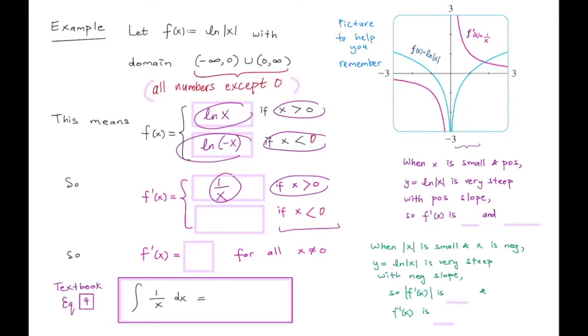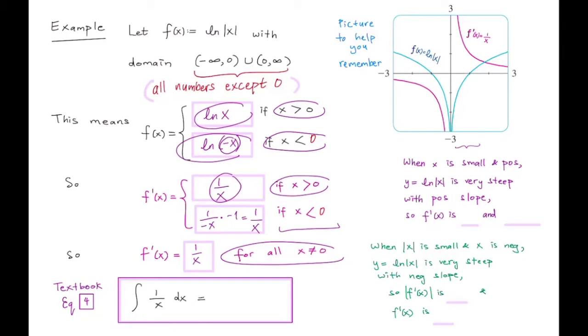So the derivative is 1 over negative x, and you multiply this with the derivative of what's inside, so negative 1. And this is the same as 1 over x. So f prime is equal to 1 over x for all x in the domain of f.